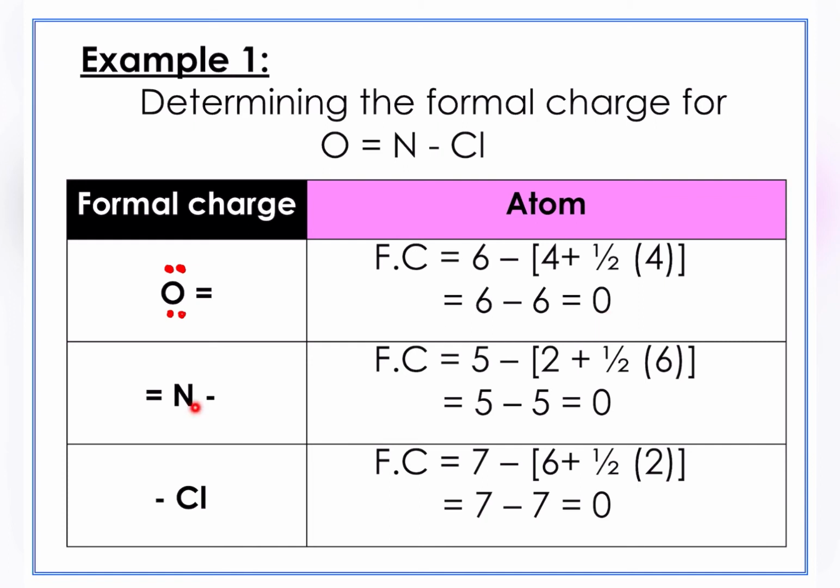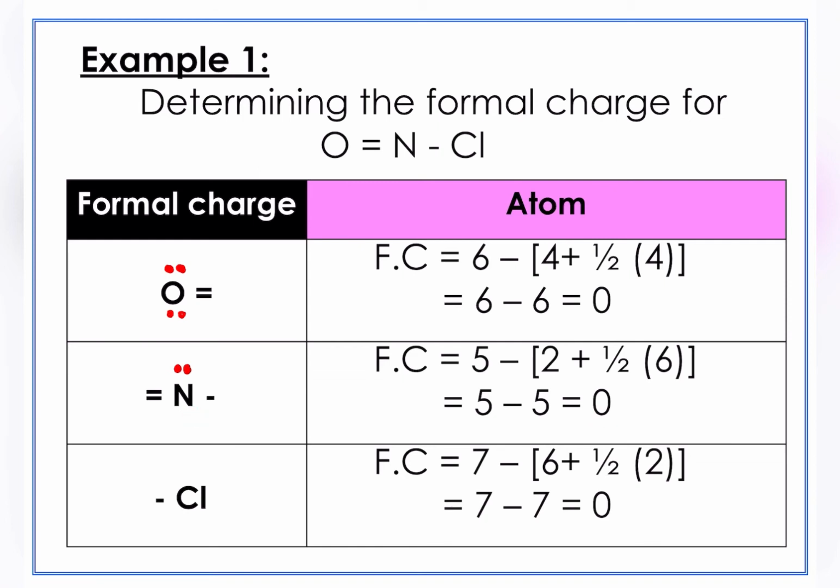Same case for nitrogen. You have nitrogen here with 1 lone pair and 3 bonding pairs. So 5 for valence electrons, minus 2 lone pair electrons from here, and then plus half of 6 bonding pair electrons. That means 3 bonding pairs multiplied by 2 for each of them. So you will get 0 formal charge for nitrogen.